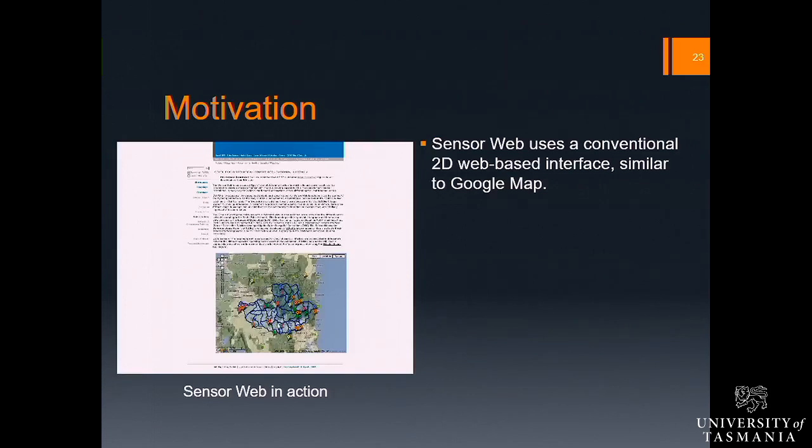It's basically the same interface as Google Maps. Essentially, it's laid on a Google Map. You probably can't see well, but that will go to a different type of sensor, or whatever they want to do.